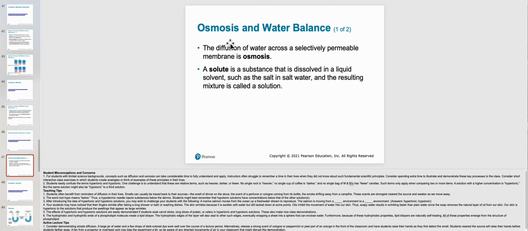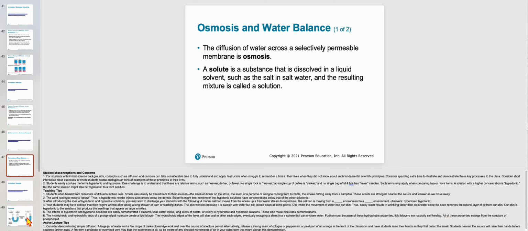Osmosis is the movement of water from high concentration to low concentration within a selective permeable membrane. So because of that selective permeable membrane, water is going to move from high to low.